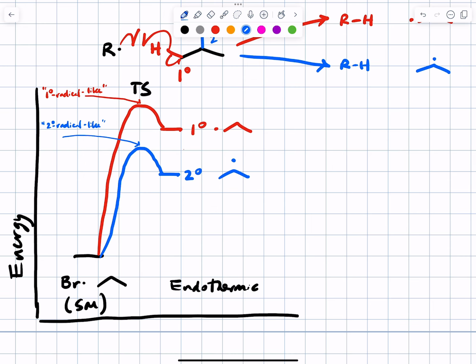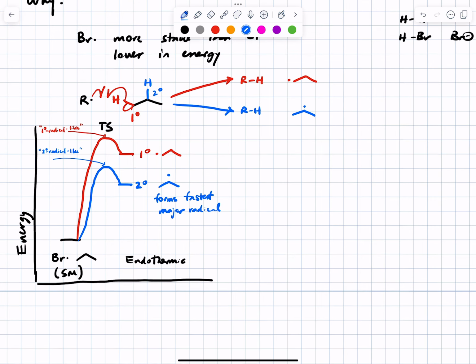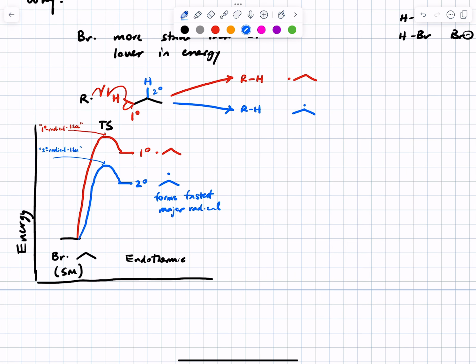So for bromination, the secondary radical forms fastest and is the major radical product, and then the major product stems from that secondary radical.